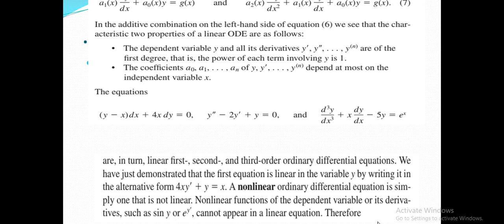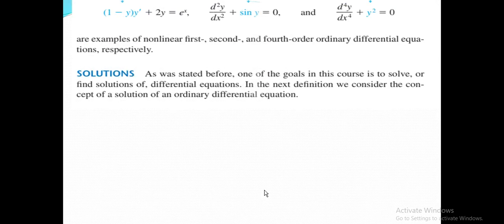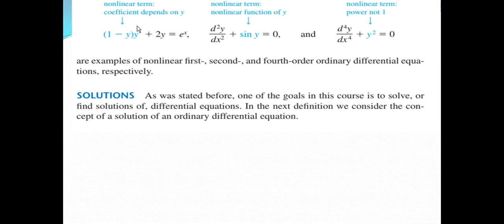Therefore, one minus y times y dash plus 2y equals e to the power of x is a non-linear equation. Why? Because the term multiplying y dash depends on y, the dependent variable, not on the independent variable x.